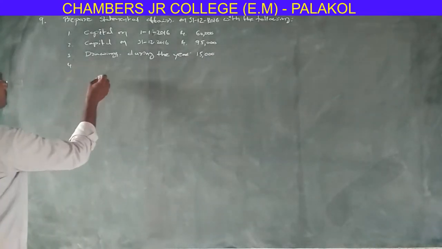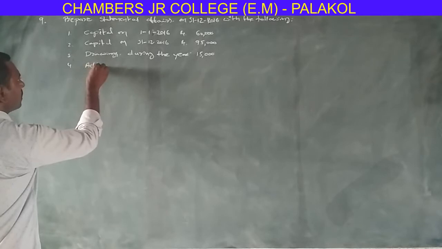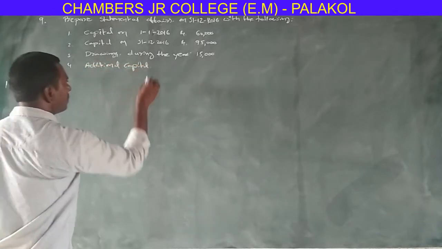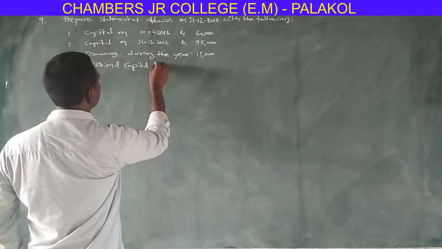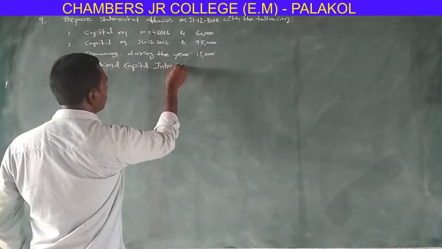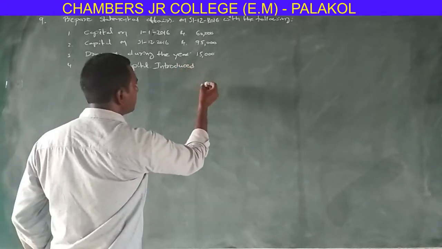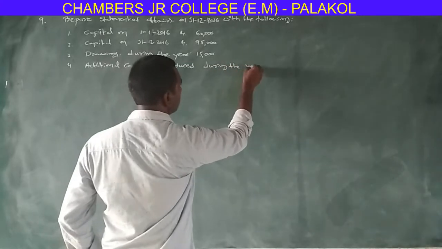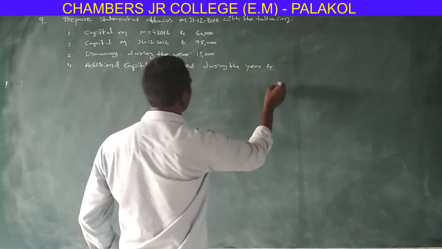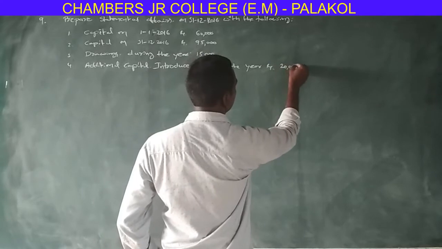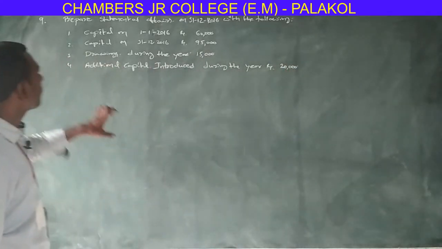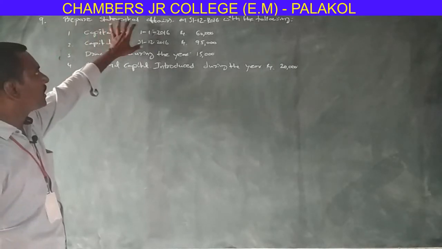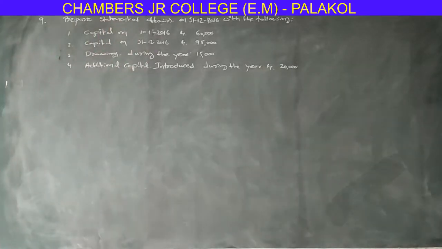And fourth one, additional capital introduced during the year rupees 20,000. This is the sum. Now, with these particulars, you are required to prepare statement of affairs and find out the profit.